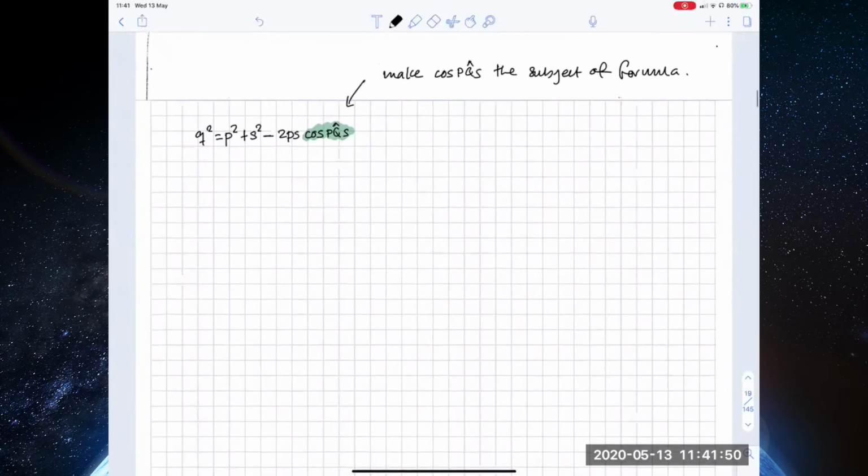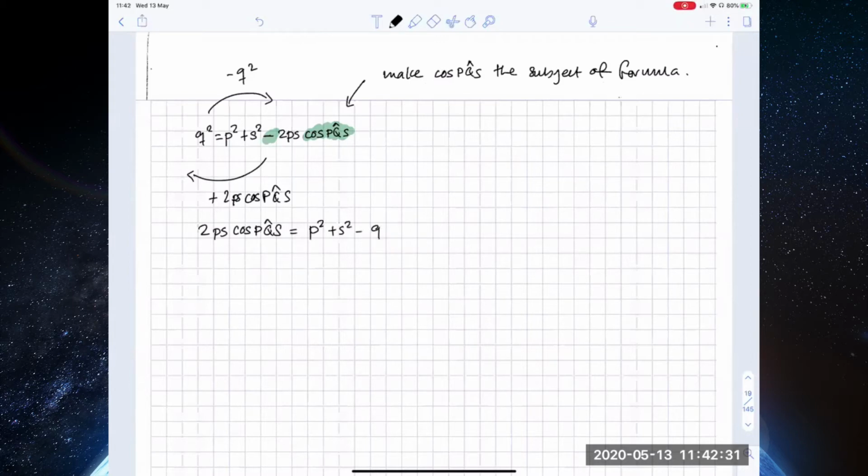What I can do is, because I know this is a minus, that's me thinking ahead, I want to bring it to this side of the equal sign so that it becomes plus 2PS cos PQS, and then I'm going to bring the Q squared, which becomes minus Q squared when it crosses over. So 2PS cos of PQS is equal to P squared plus S squared minus Q squared.